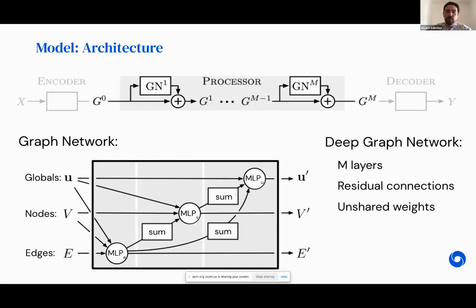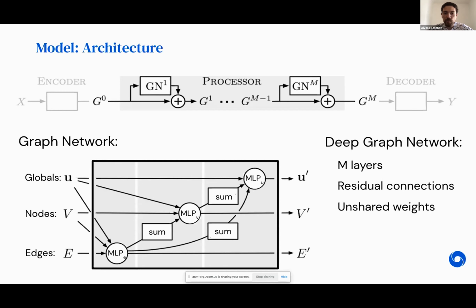Then the processor is based on graph networks. Each graph network performs a step of message passing and global pooling to update the edge, node, and global latent states. So specifically, a new edge or message is computed for each edge using an MLP. These messages are then aggregated with a summation and used to update each node with another MLP.